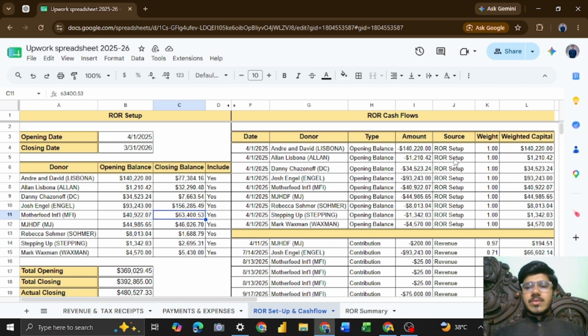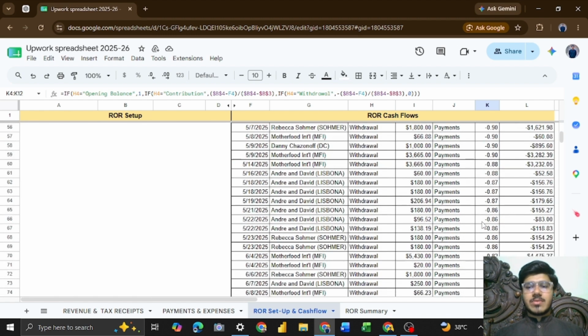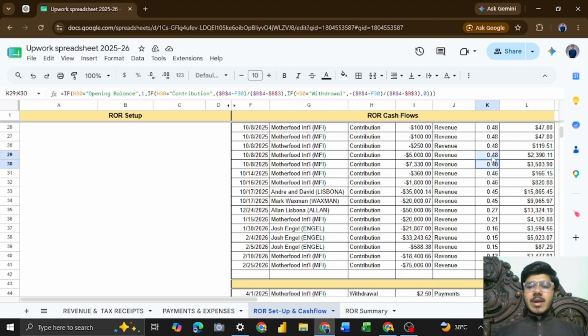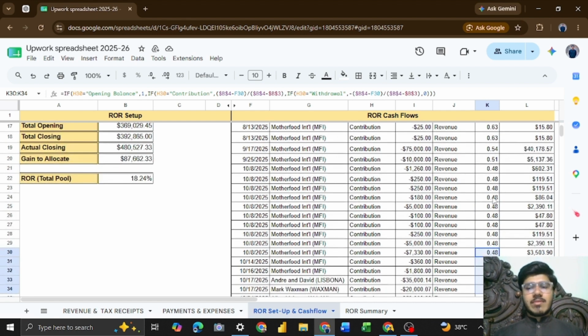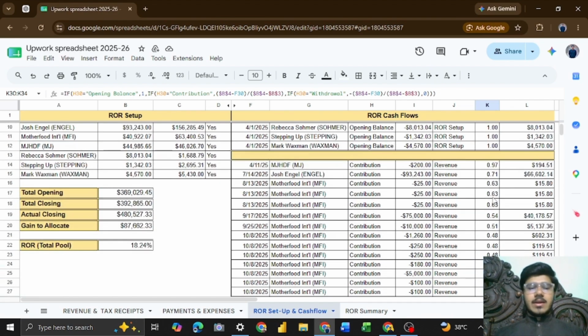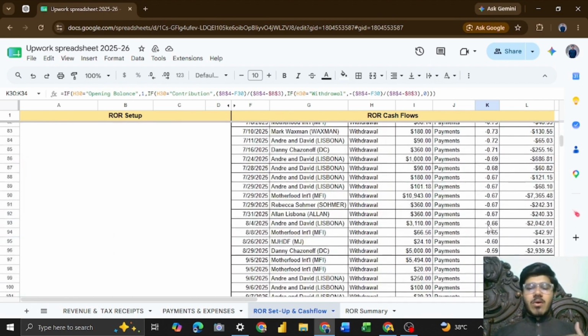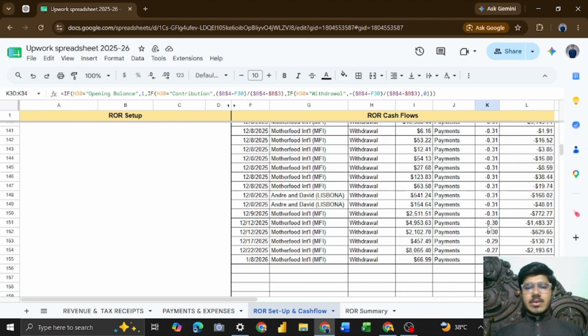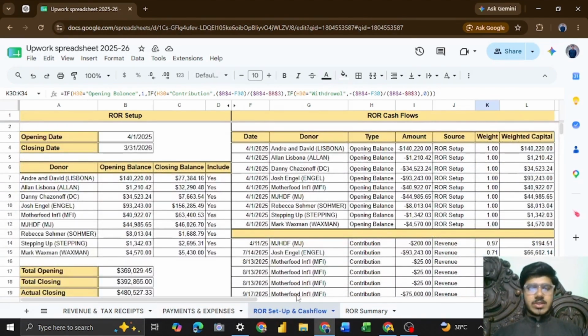You can see the weighted capital for the transactions that happened on the last date of the year is negative, and some are positive but at a low amount, like 0.4, 0.47. I created all of these for each client and all the transactions made by the foundation.